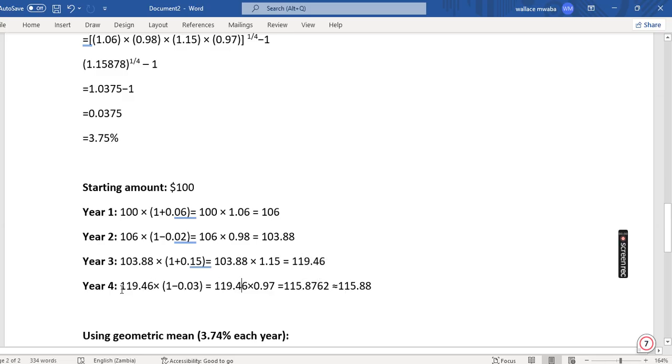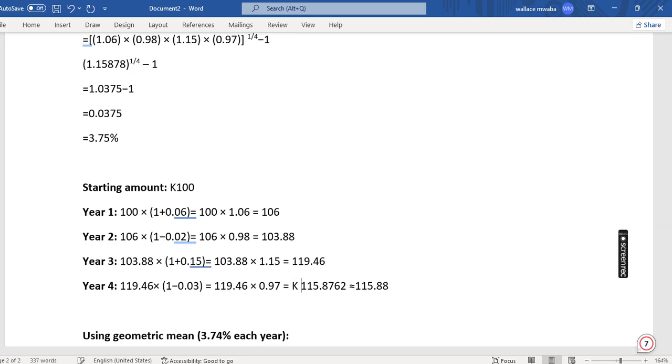Then, from 119.46, there was a drop of 3%, so 1 minus 0.03, you get 0.97. 119.46 multiplied by 0.97, we get 115 kwacha, 87 ngwee basically, or 88 ngwee. So our geometric mean is 3.75%.